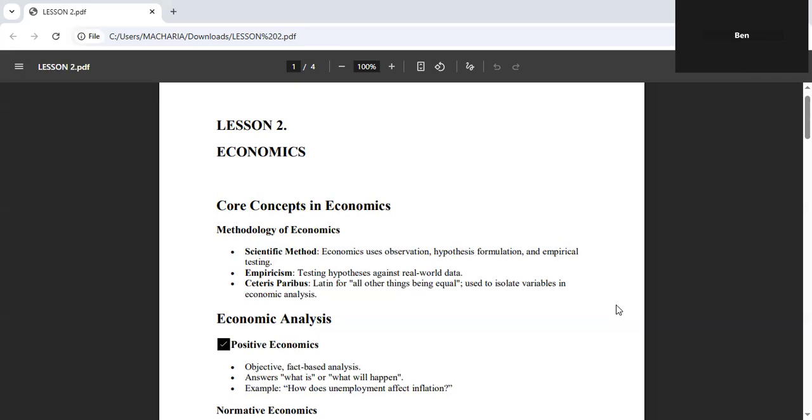When you are doing research, of course, there will be observation, hypothesis, and literature review, among others. Therefore, the scientific method of economics involves the use of observation. Then we have empiricism, and this is testing hypotheses against real world data.